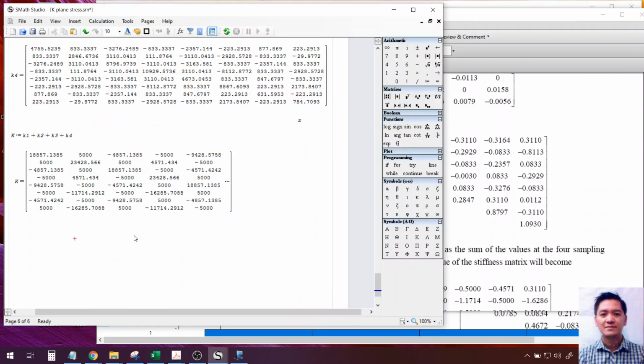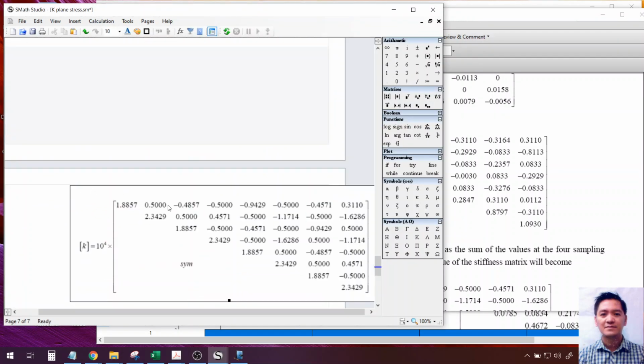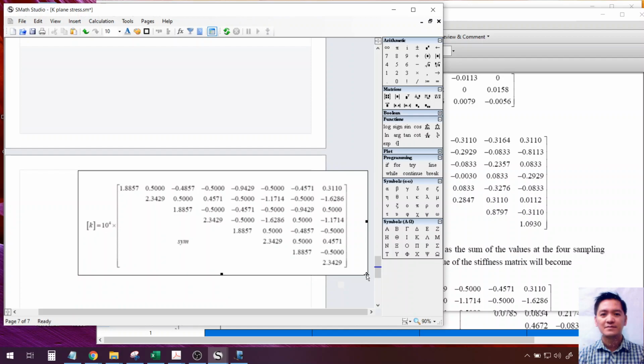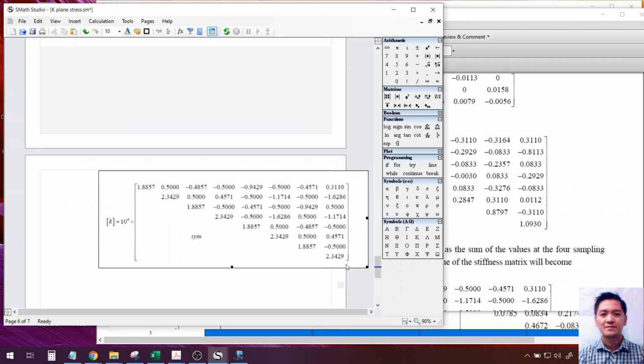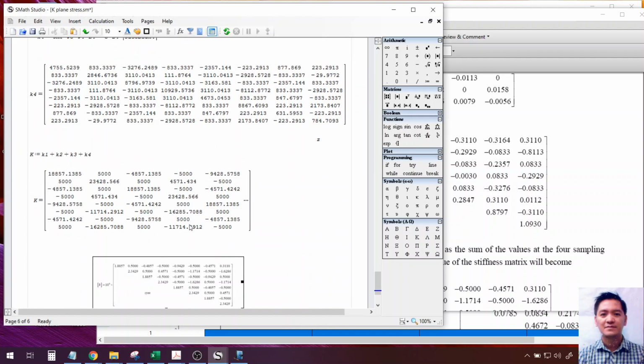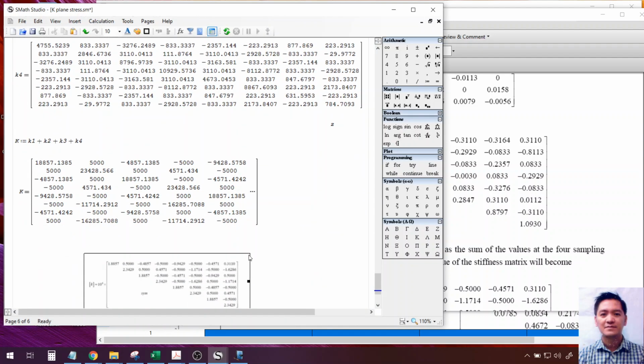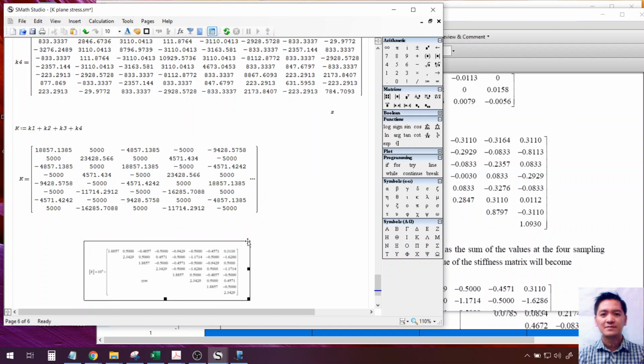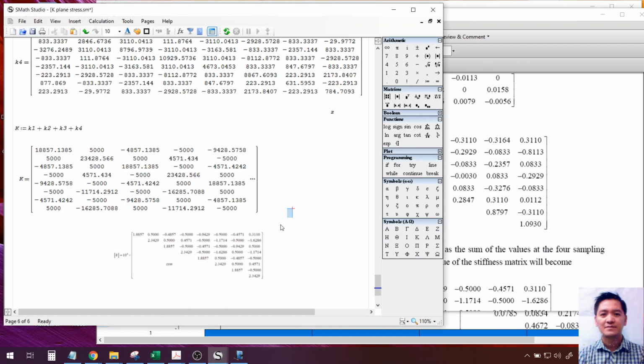Then I paste it here. So, maximize natin. Hindi ko siya mapalaki.